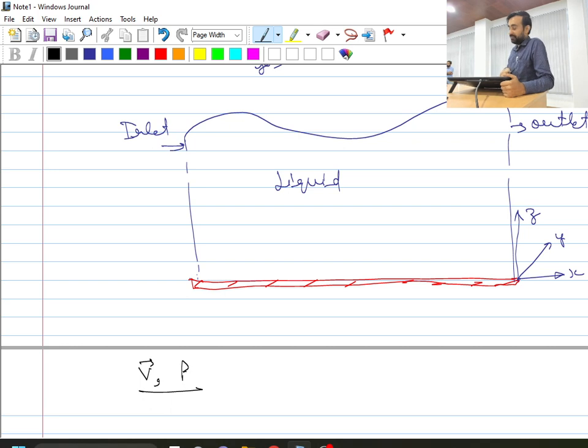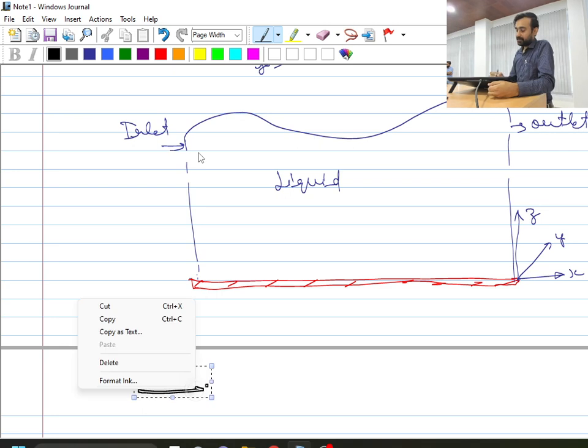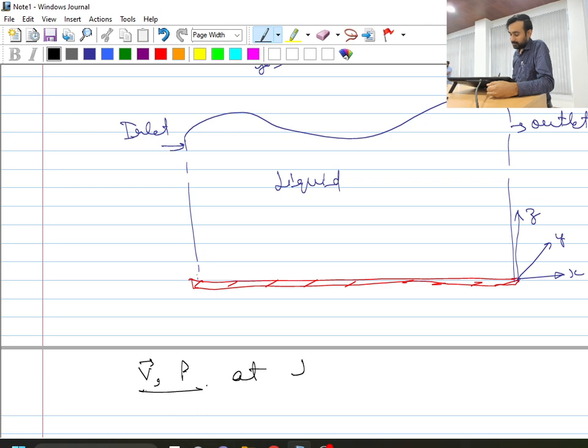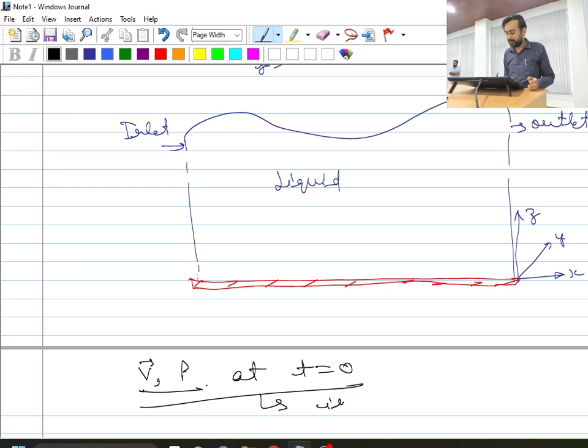If I consider the energy equation, then I have to write the temperature field also. The temperature field we will not be dealing with in this course. For that, maybe next year you will have a course on heat transfer, where you have to deal with it. So for fluid flow, we have the velocity field and pressure. The values of velocity and pressure at each and every point within the flow, we have to specify at t equal to 0. That will be nothing but my initial condition.